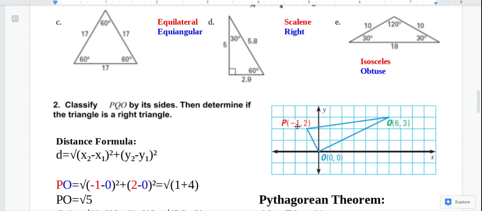The x from P and the x from O. Square that gives us 1 over here. And then plug in our y's, 2 and 0. So 2 minus 0, square that, is 4. So the length of PO is the square root of 5. So this length is the square root of 5.